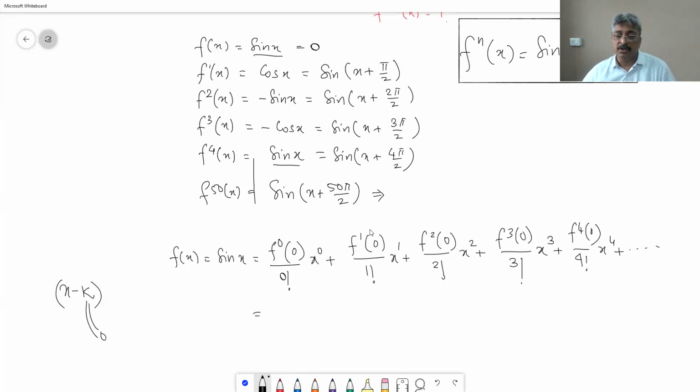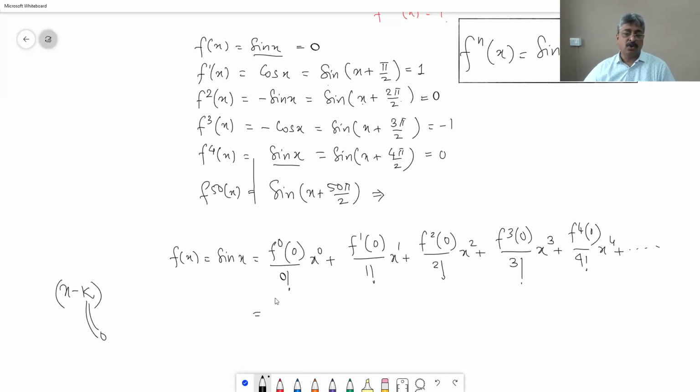So this is going to be 0, the zeroth derivative evaluated at 0. The first derivative at x equal to 0 is sin pi by 2, which is 1, divided by 1 factorial. So we'll write it there later. The second derivative at 0 is sin pi, and therefore it is 0. The third is sin 3 pi by 2, so minus 1.